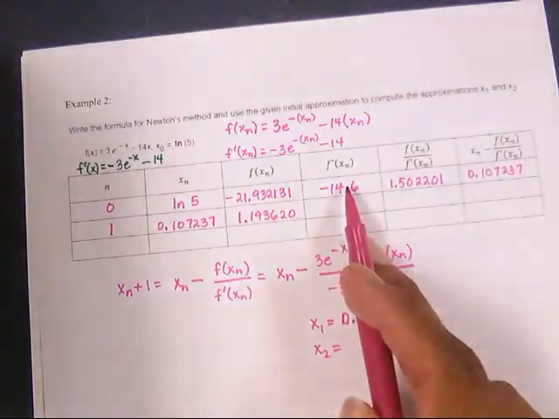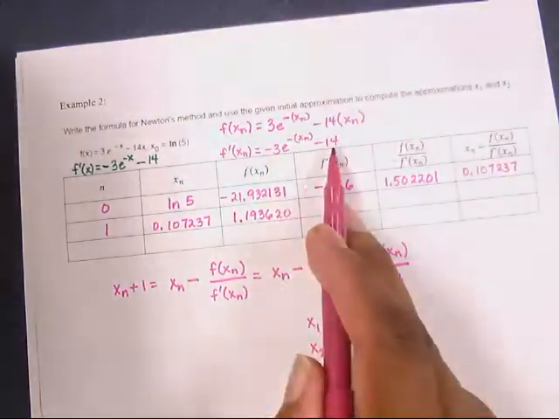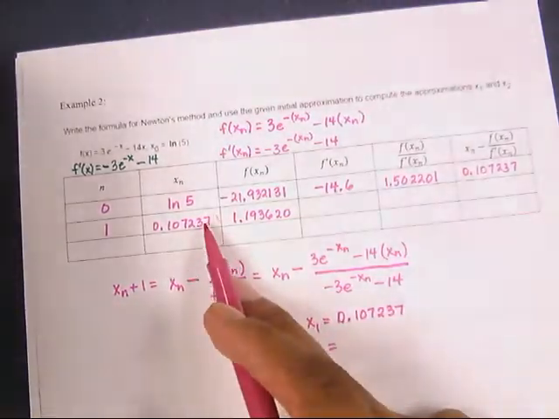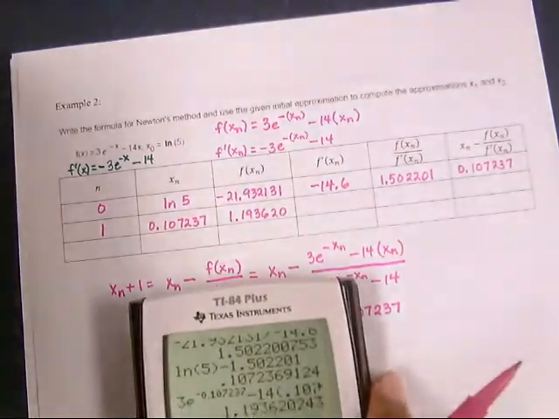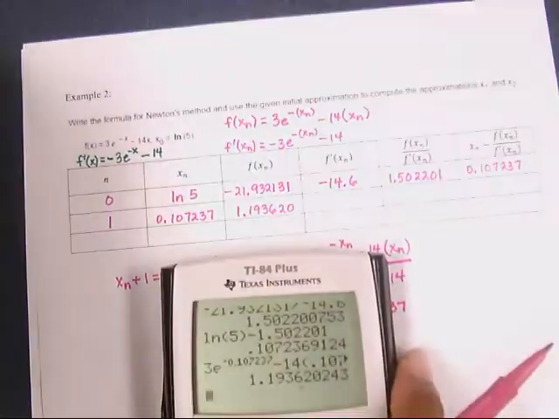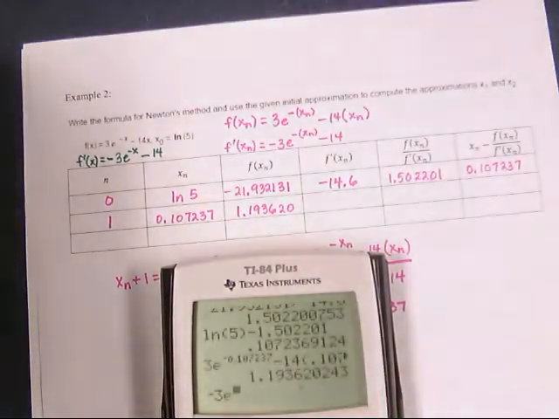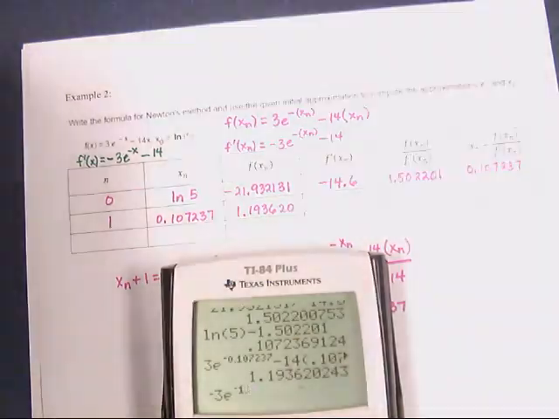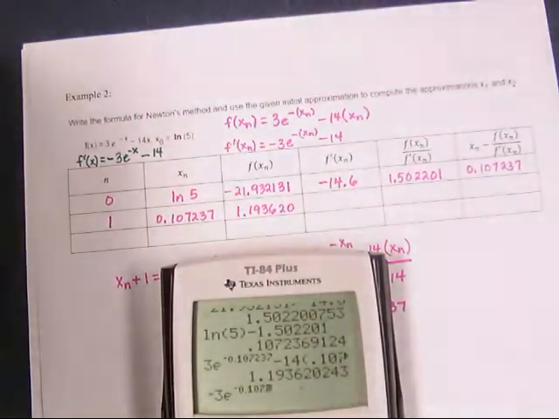Now for the f prime of x sub n, I'm going to use this formula here for f prime of x and then replace that decimal value for x sub n here. So in this case, this will be, let's see, negative 3, and then for the e, second ln, and then to the negative, and then type in 0.107237.